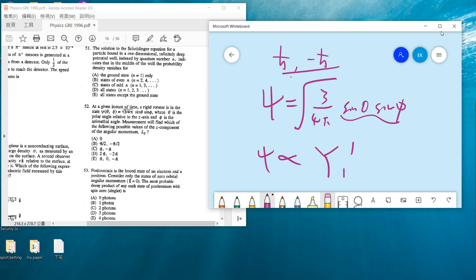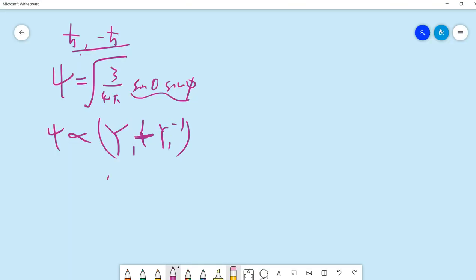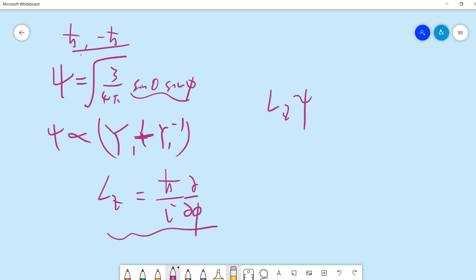But probably this is Y11 plus this one. Or another way is that if you remember this, then you can act on this phi. What you need to do is expand this sine phi into this one.